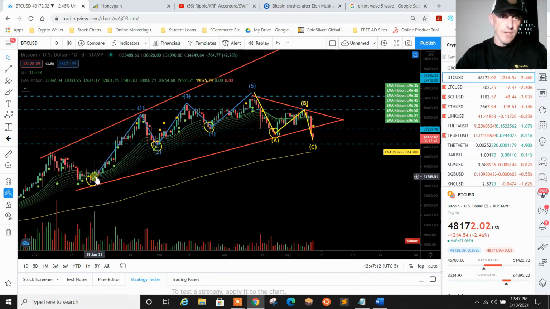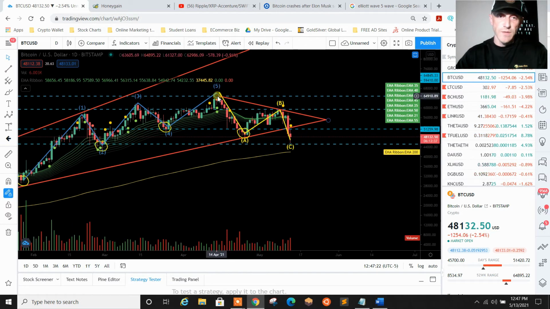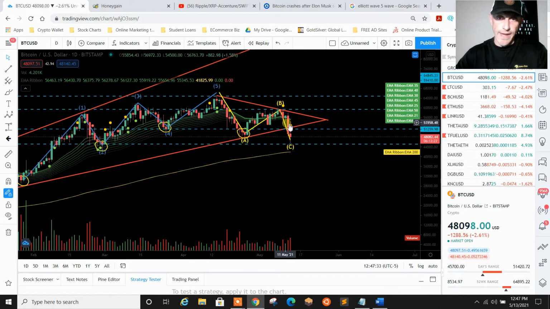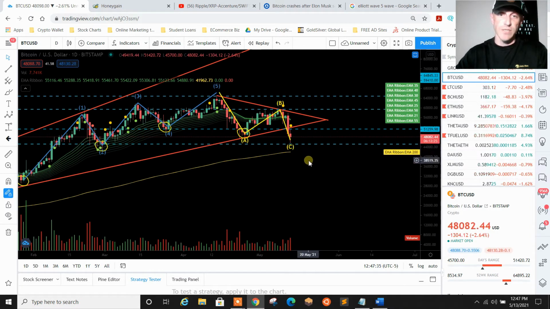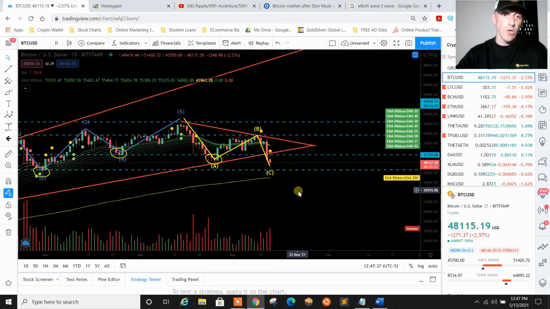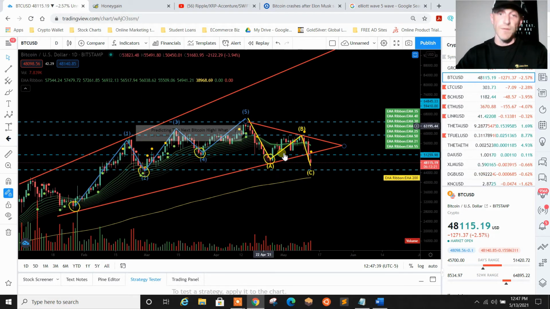So you can see we had the 1 wave up, 2 wave down, 3 wave up, 4 wave down, 5. And then we took that big dump back here on April 14th. So we come down on the A correction, and then the B wave correction up, and now we're doing the C wave correction before we go back into a 1, 2, 3, 4, 5 again.